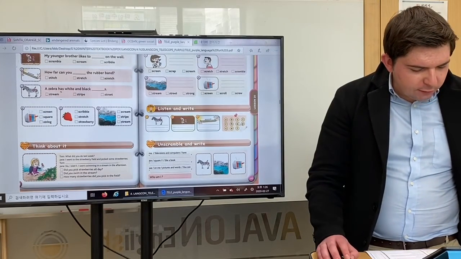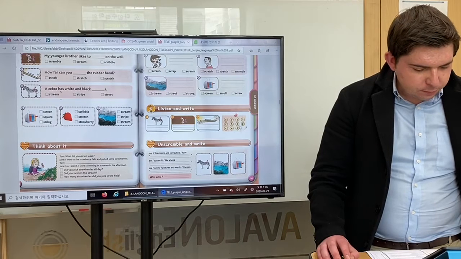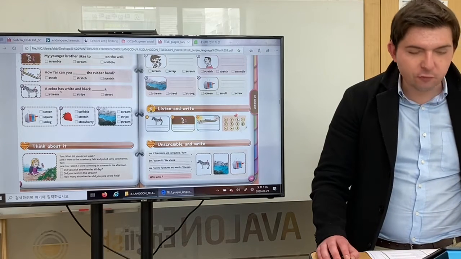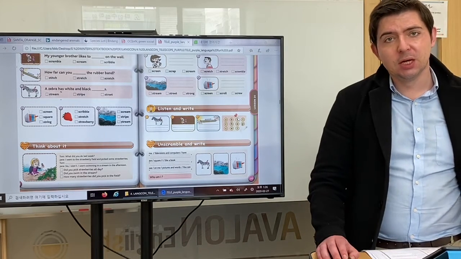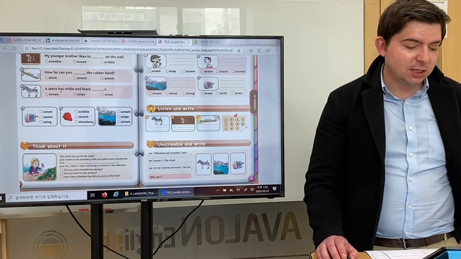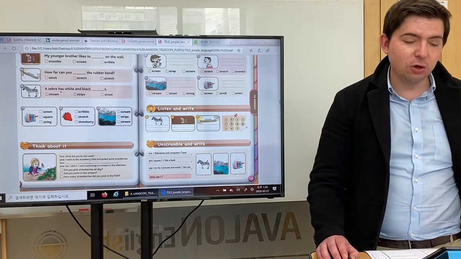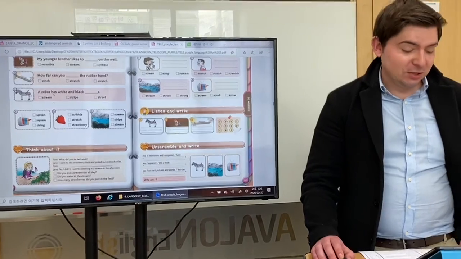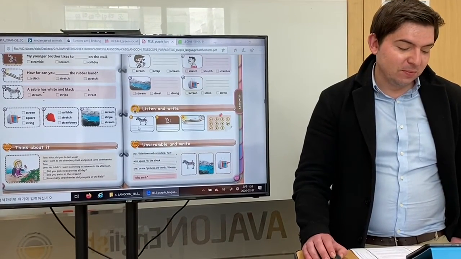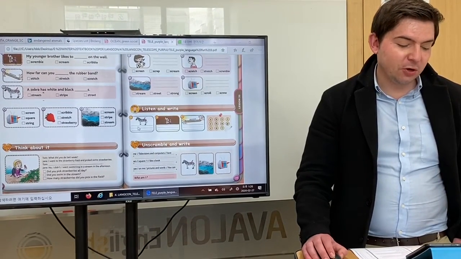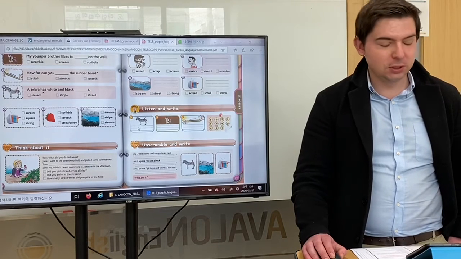So here you're given a bunch of letters and you have to form words with them. Now this should be very easy because you already know the words. So you can pause the video at this moment and write the words down.